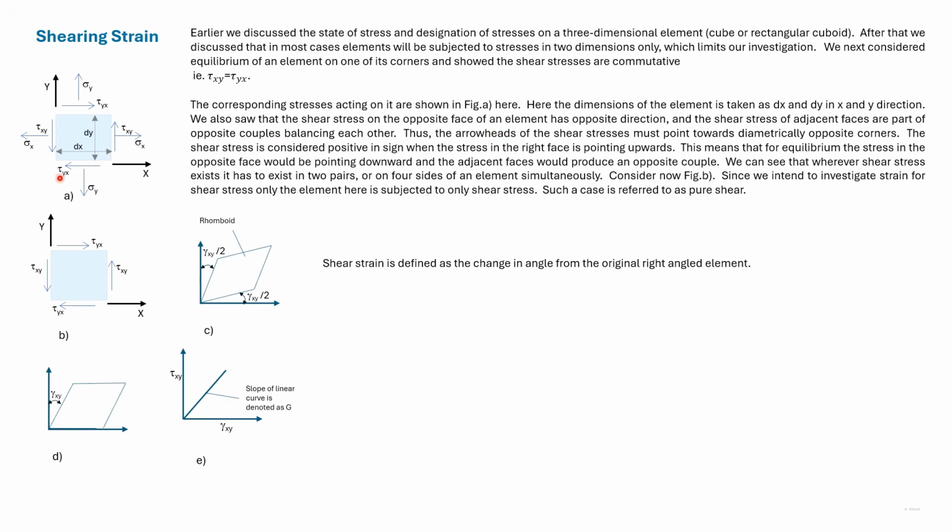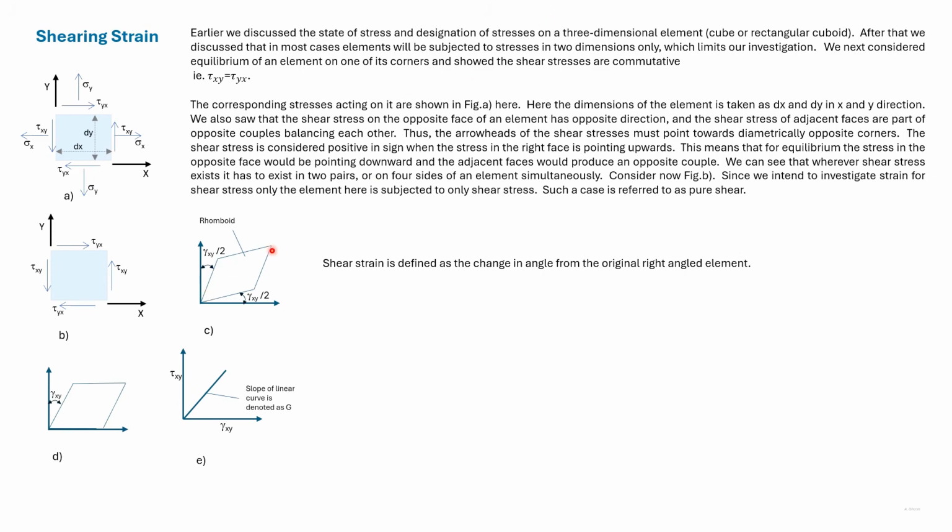Now in this element, if you remove the normal stress, we have only the shear stress acting here. This case is called a case of pure shear. We can physically see that this element with the stresses acting would deform into a rhomboid. Shear strain is the change in angle of the original right angle of the element.